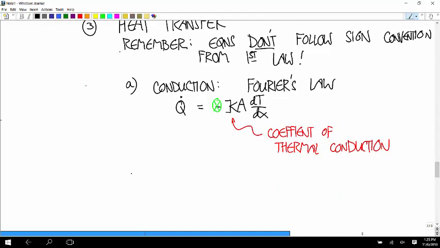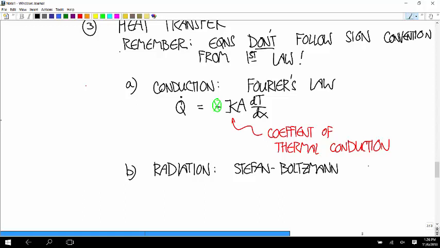And then radiation. This is the Stefan-Boltzmann equation. And we have this in two forms.